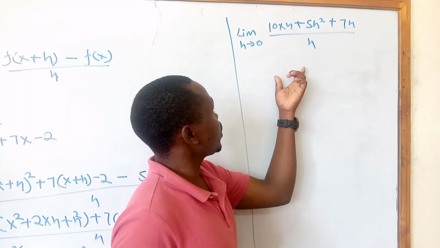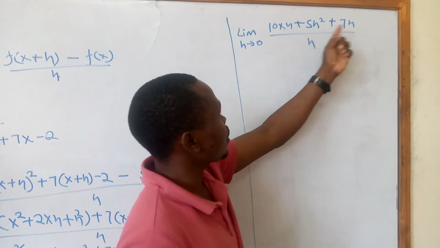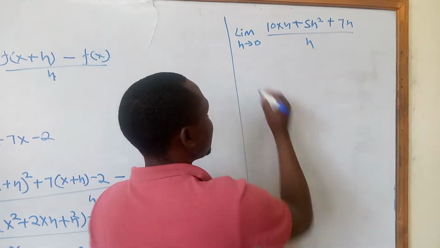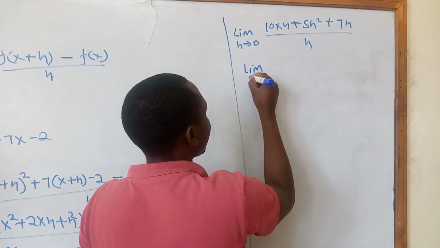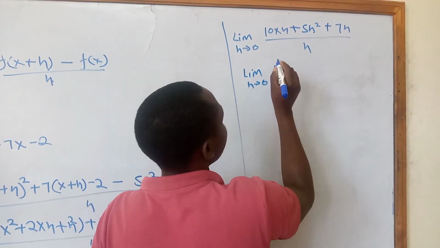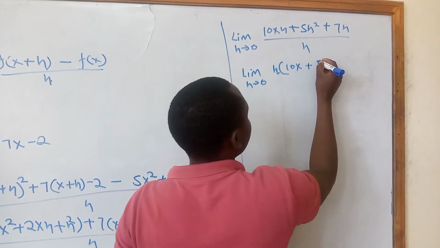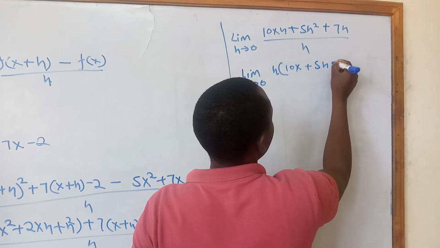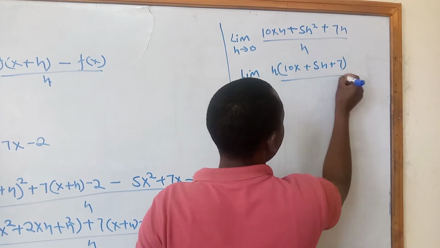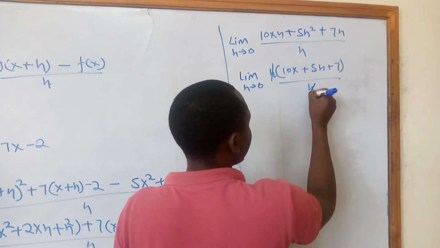In this equation, what I'm going to do is factor out h since it's common. It will be the limit as h approaches 0 of h into 10x plus 5h plus 7, then I divide by h. Then this h and h will cancel.